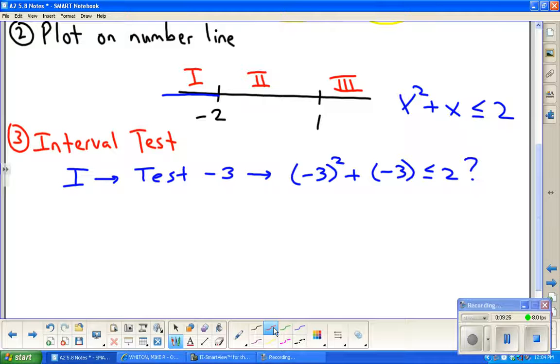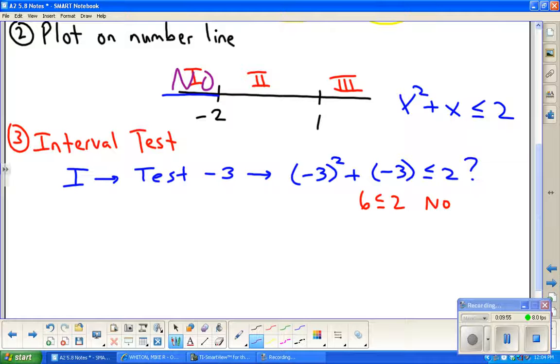If you didn't put the parentheses, it might just think that you want the opposite of regular 3 squared and it's going to give you -9, but it really should be +9, because a negative times a negative should be a positive. So this is going to be +9 plus -3. It's going to end up being 6. And is that less than or equal to 2? Clearly not. So that means that any number in that interval is not a solution. This whole interval was a no. Those numbers do not work.